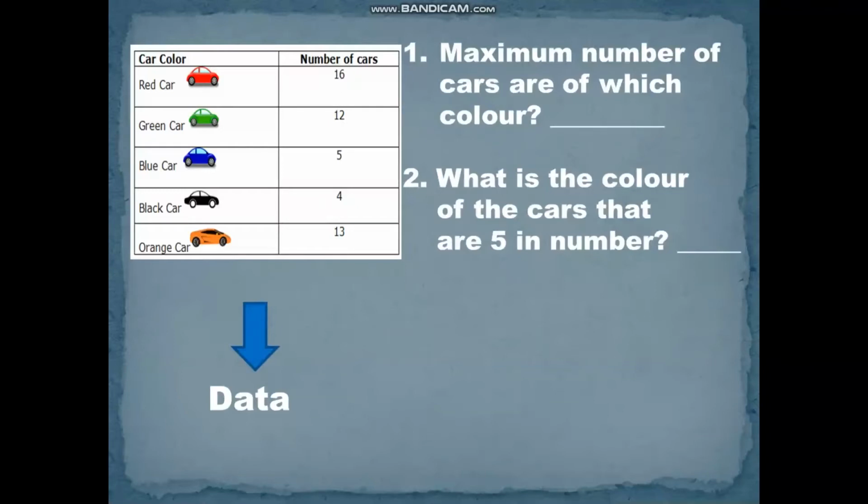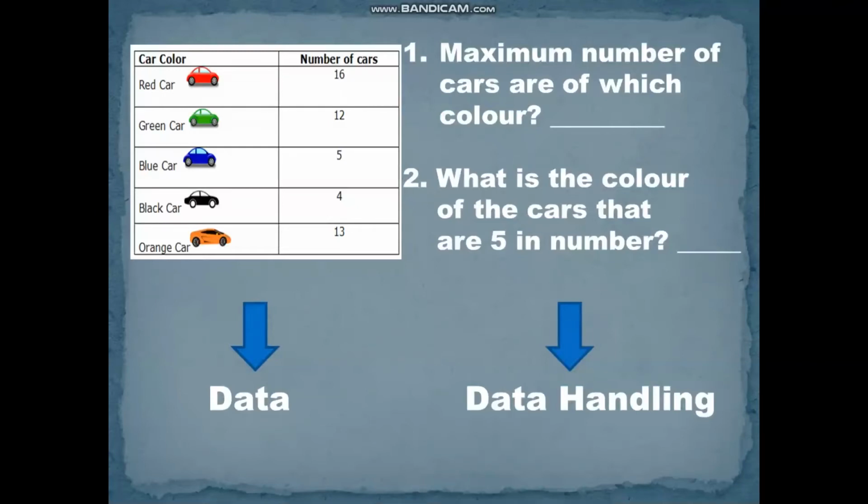By looking at this table, we can easily find the answers to these questions, and this is known as data handling. Here, maximum number of cars are of red color, and the color of the car that is 5 in number is blue.